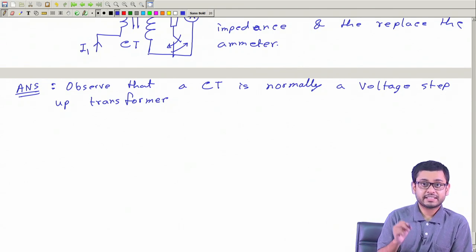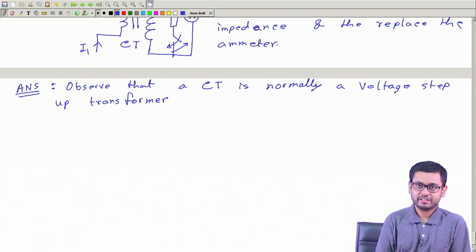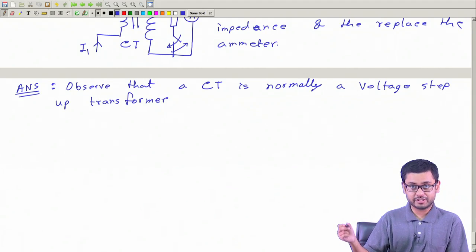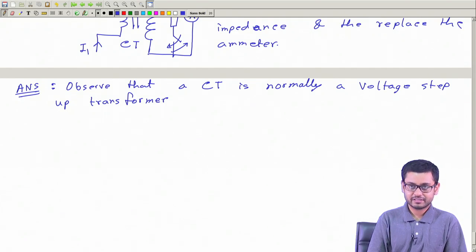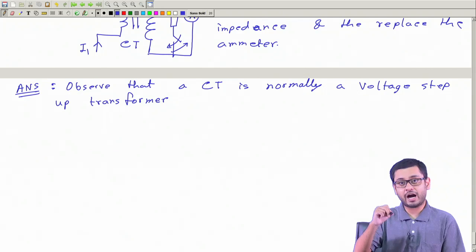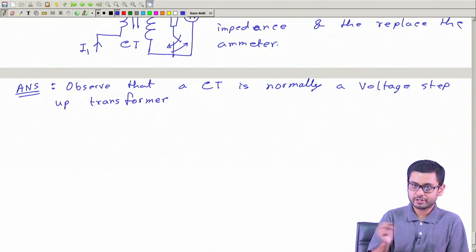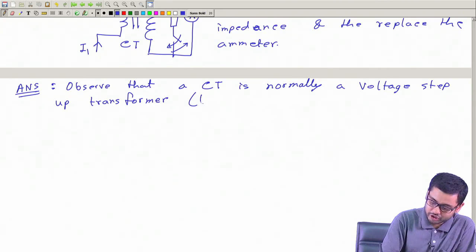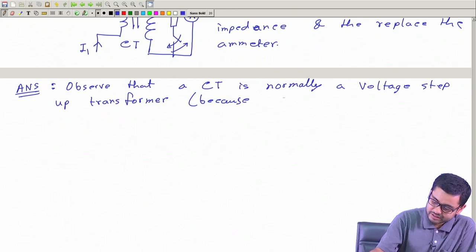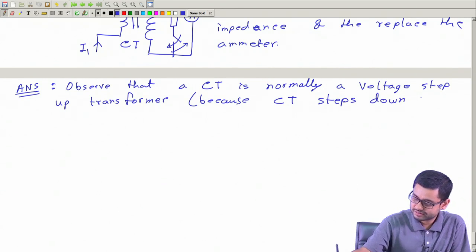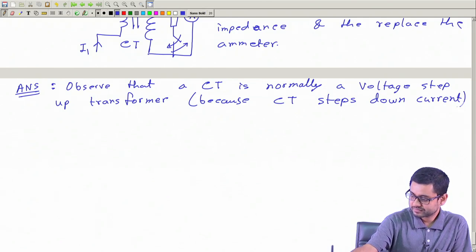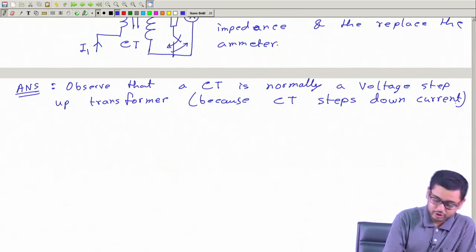Because it steps down the current. That means the secondary number of turns should be more than the primary, so voltage should be stepped up. Any transformer which steps down a current should step up the voltage because of the conservation of volt ampere. Because a CT steps down current, that is one fact.